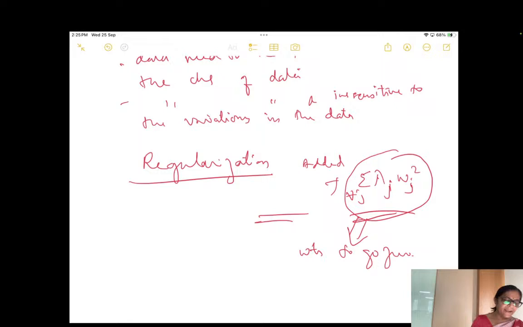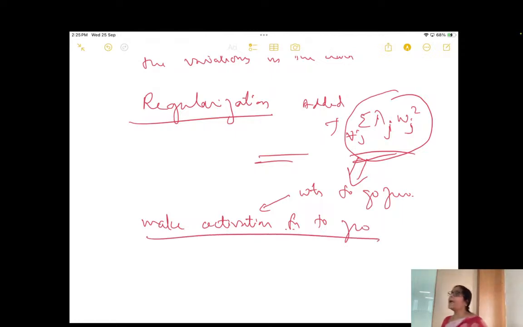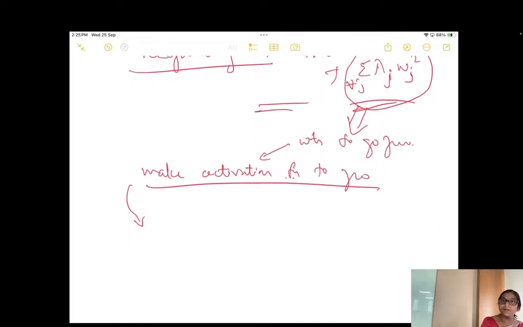So instead of making the weights equal to 0, if you make activation functions 0, this leads to a type of autoencoder called, any name?